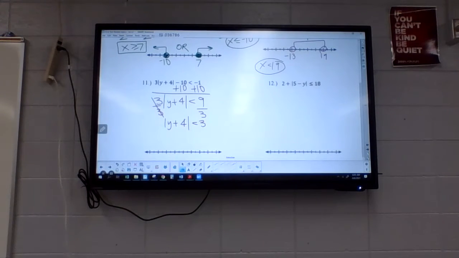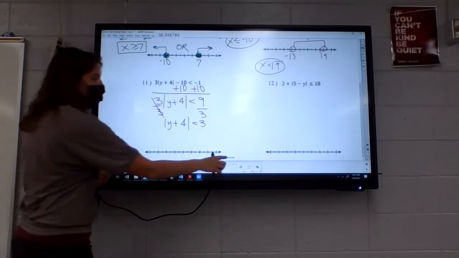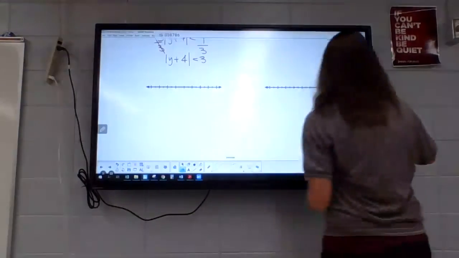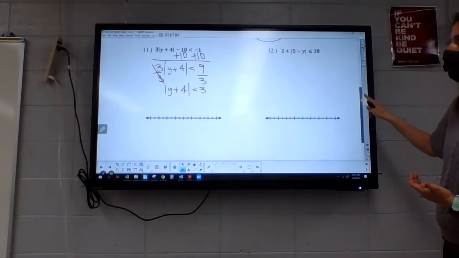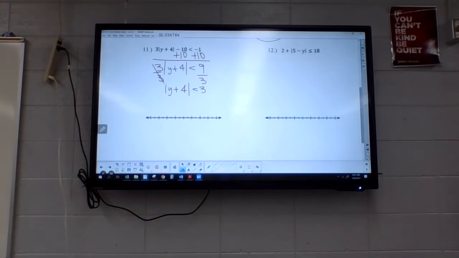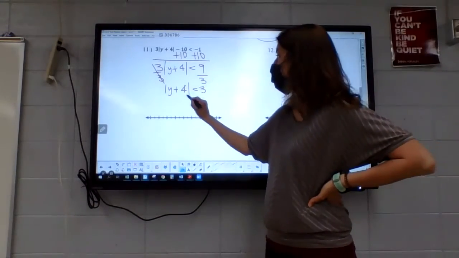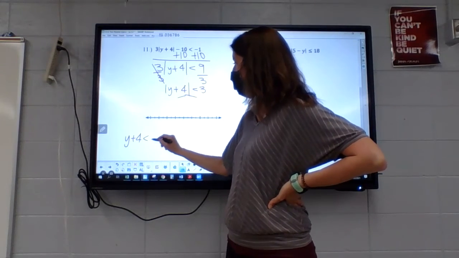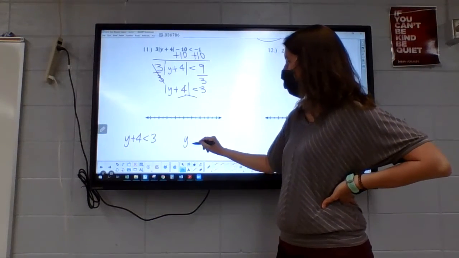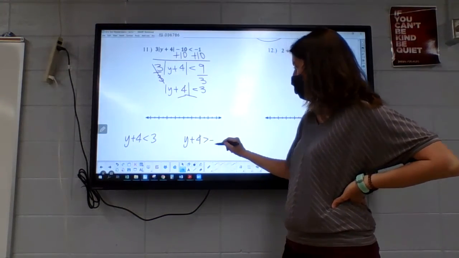Now I'm ready to set up my 2 equations. So y plus 4 is less than 3, and y plus 4 is greater than negative 3.